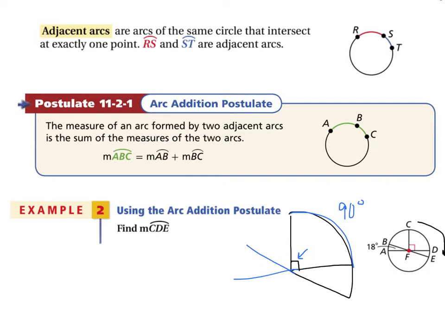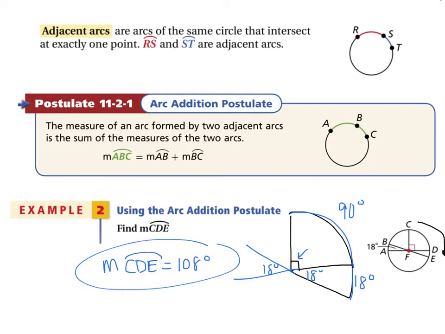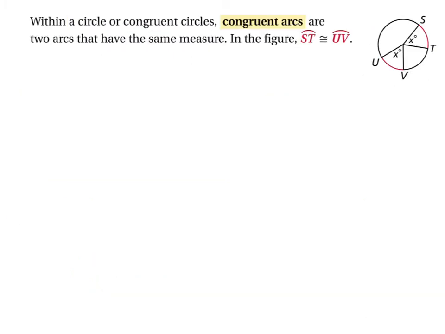Because of vertical angles, this is 18, which makes this 18 degrees, which makes the arc 18 degrees. So I would add together 90 and 18, so the measure of arc CDE would equal 108 degrees by the arc addition postulate.